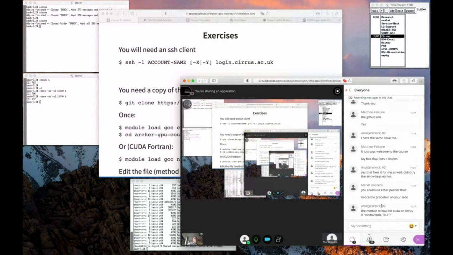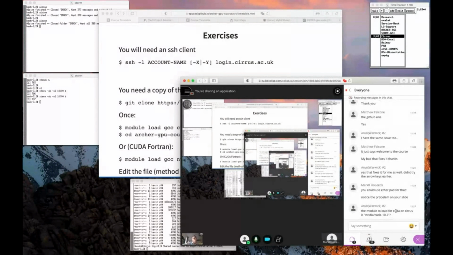There's a question in the chat about which module to load. For each exercise, there's a C template and a Fortran template. If you want to do the C, you're going to need NVCC, and you need to load the NVIDIA CUDA 10.1 module.